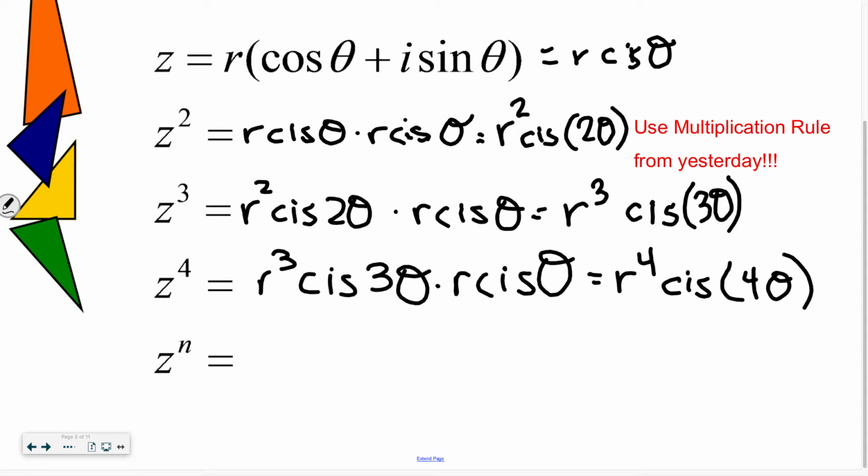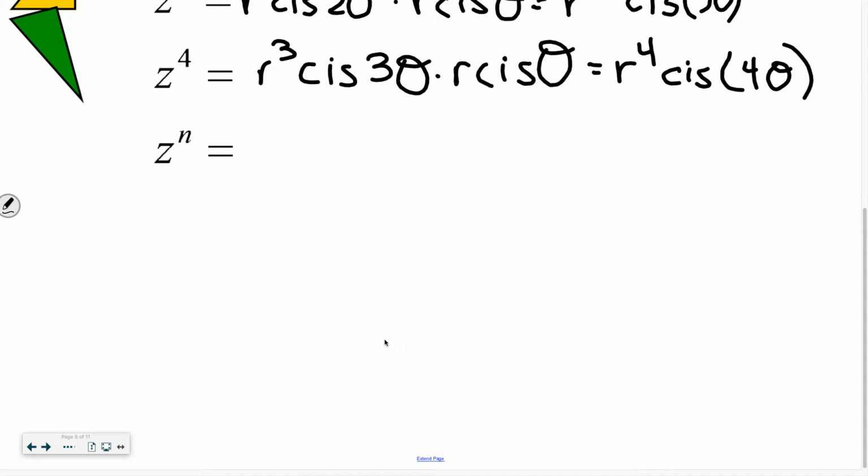So now I'm pretty well convinced. Can you write on your papers a rule for z to the n? You said z to the n is equal to r to the n?